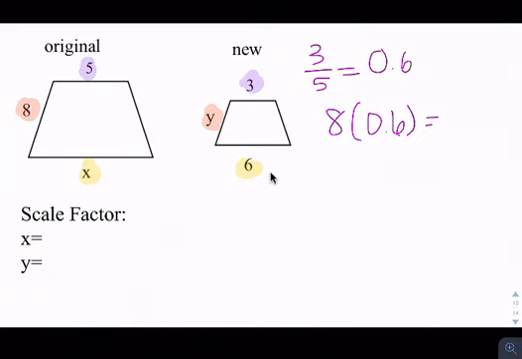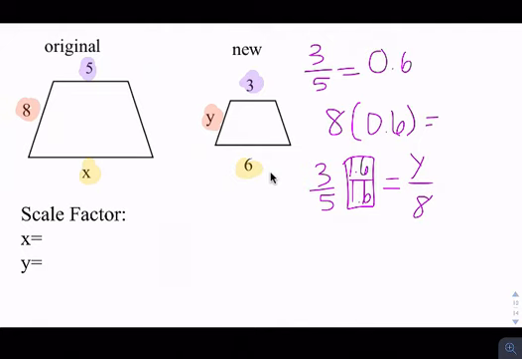Or I could do 3 over 5 is the same as y over 8. Either way, 8 divided by 5 is 1.6.